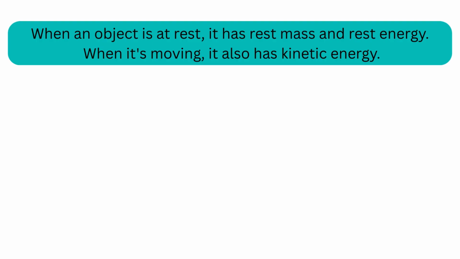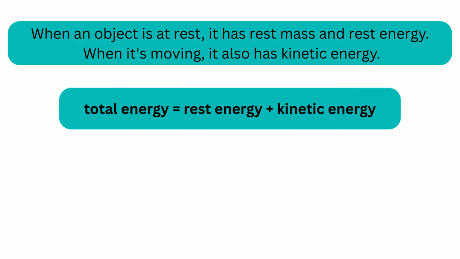Now let's understand one more thing. When the object is at rest, we call it rest energy or rest mass. And when it's moving, we say kinetic energy. Relativistic energy will be the same. So total energy will be the rest energy plus the kinetic energy.